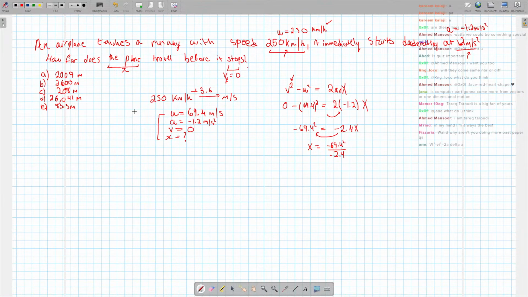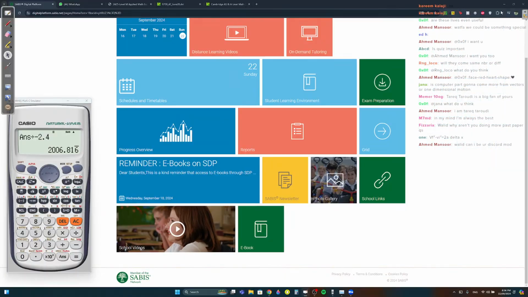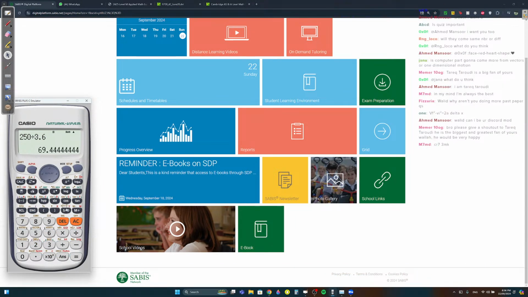Why is that not there? I think because he used an exact value. Okay, we got x is around 2006. I think what he did is he did 250 divided by 3.6, kept this as is, and then squared, then divided by 2.4.